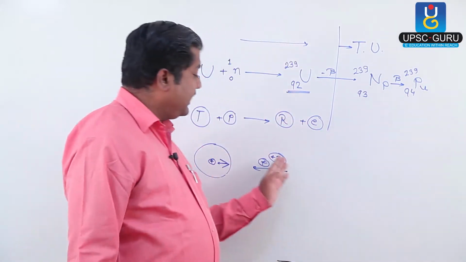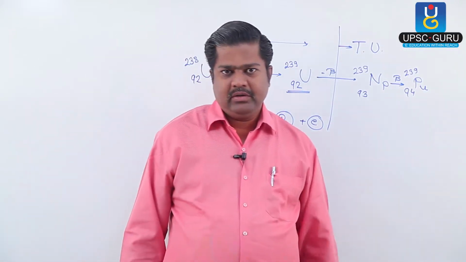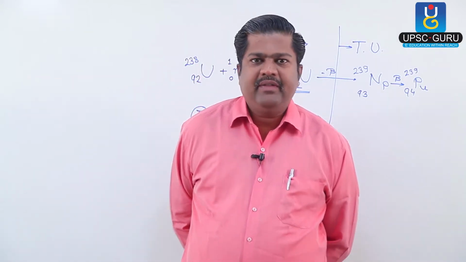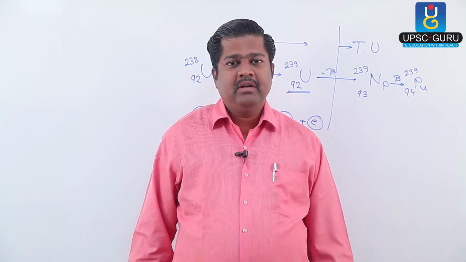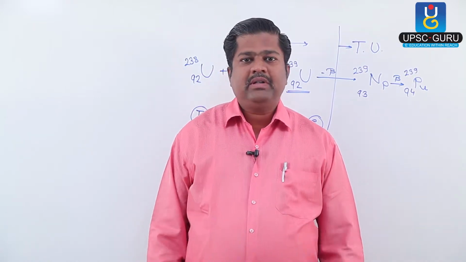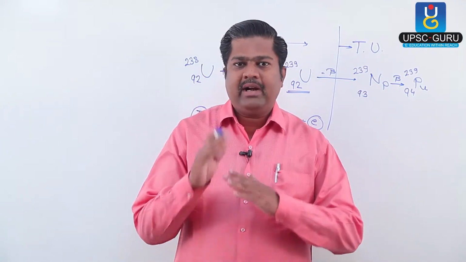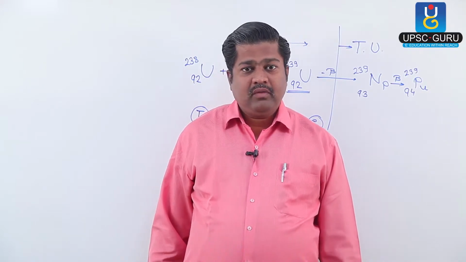Now obviously this particle has positive charge, so I have to accelerate it. I have to increase the velocity. On increasing velocity, these particles get bombarded on the nucleus. But it is easy for me to say that we have to accelerate the particle, though it is a bit difficult. Why?